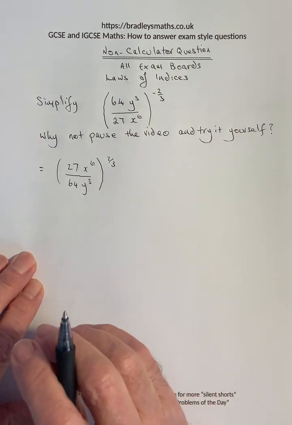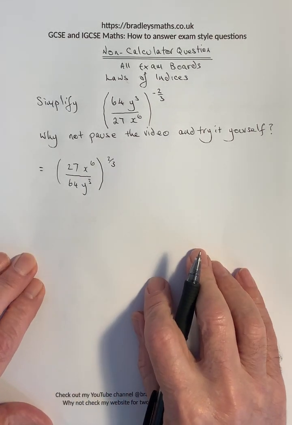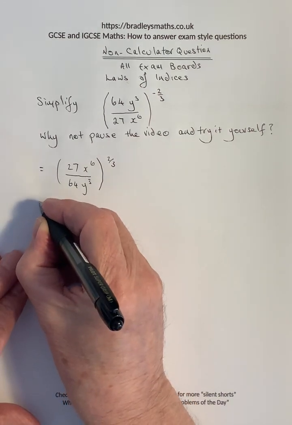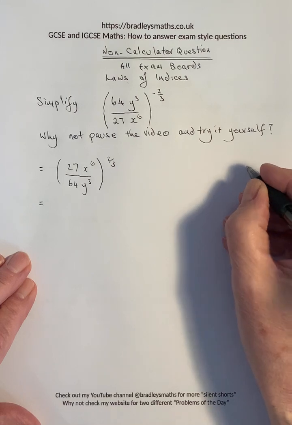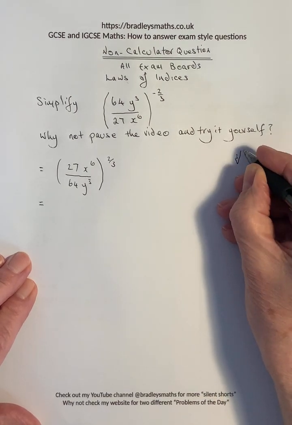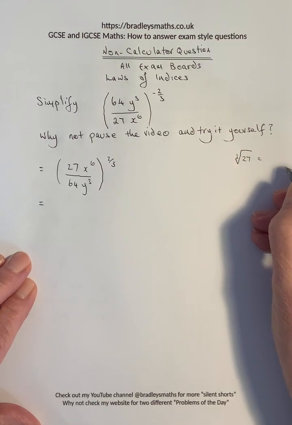Squaring them all first and then finding the cube root of that's a different matter. So let's just do a bit of a note over here. Cube root of 27 equals, well, 27 is 3 times 3 times 3.